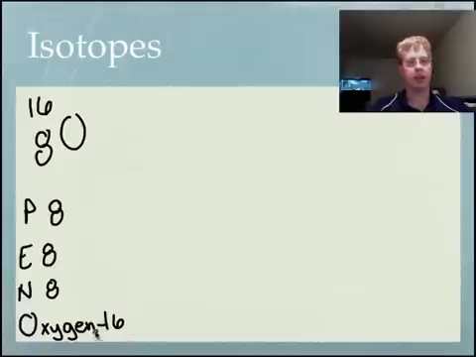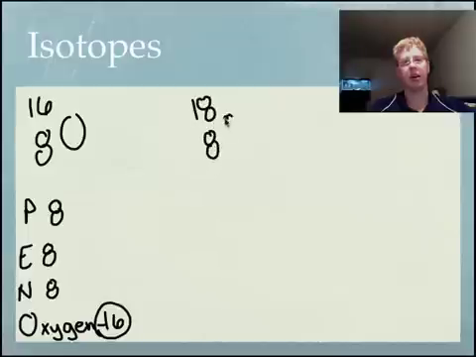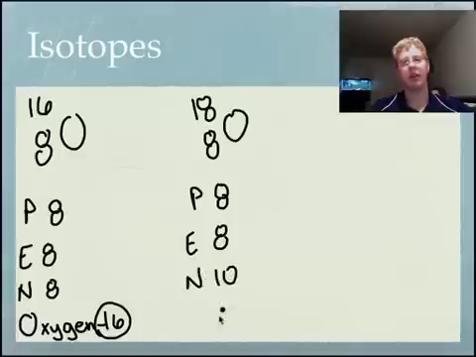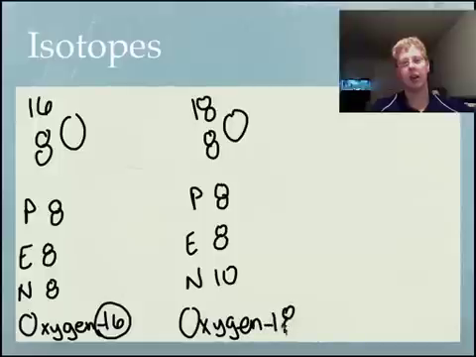And what that dash 16 there tells you is the atomic mass. You could look in the periodic table to find the atomic number then. Let's compare this to oxygen 18, which has the same number of 8 protons, 8 electrons, but now neutrons it has 10. And we could go ahead and write that out as oxygen 18 to show that it has a different atomic mass.